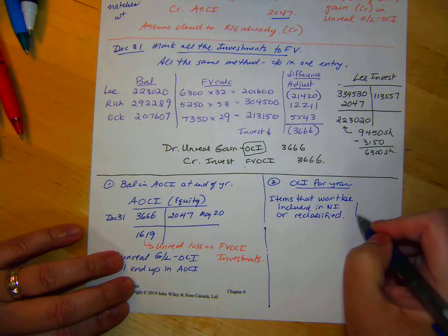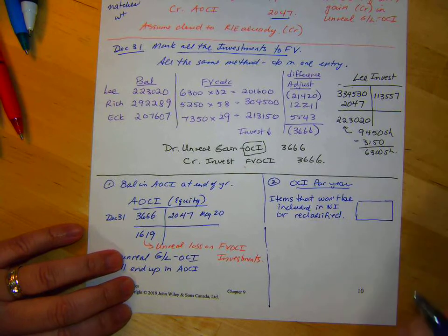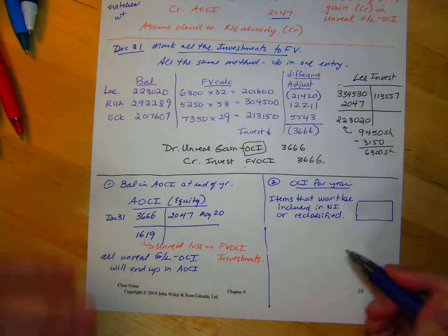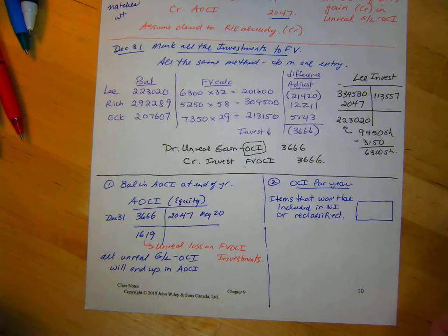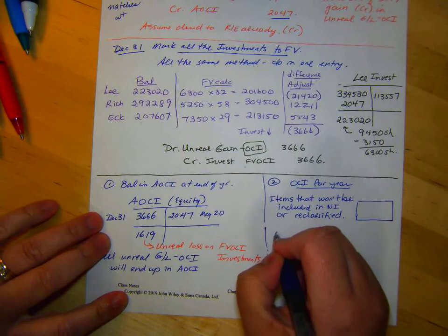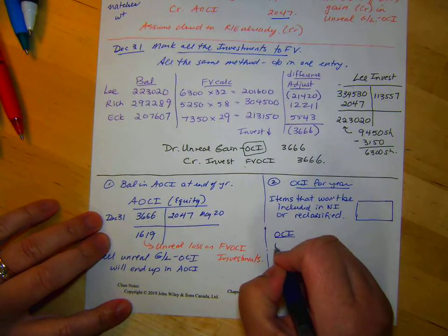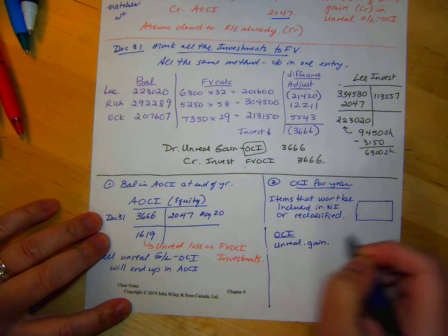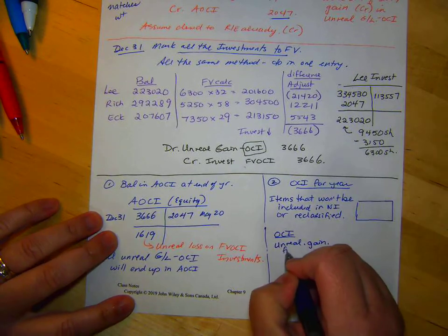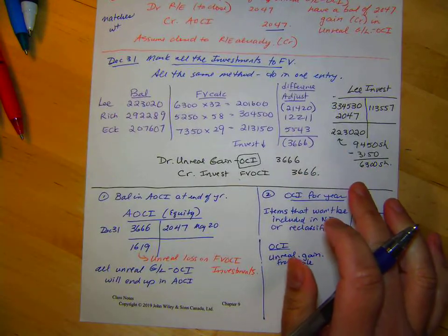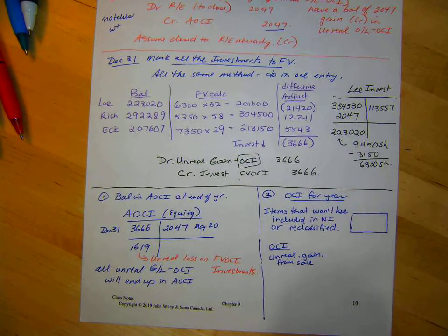And we're going to put the number here. And then they basically add and subtract all the items that went into OCI during the year. So we have unrealized gain from sale, which is back on page 9.